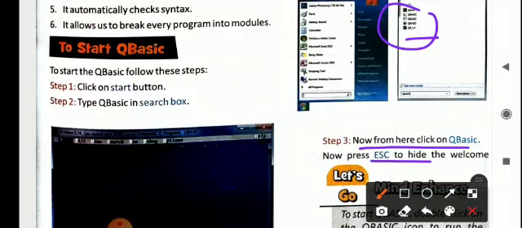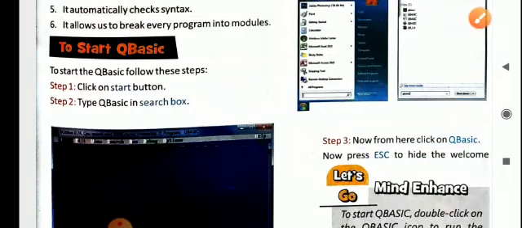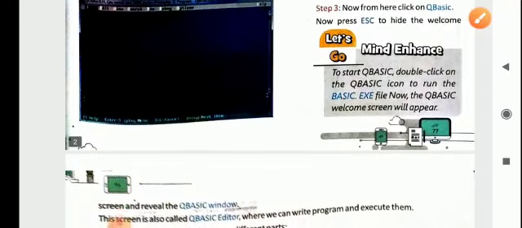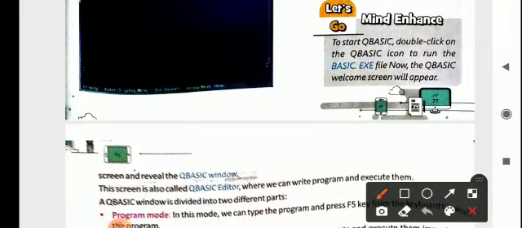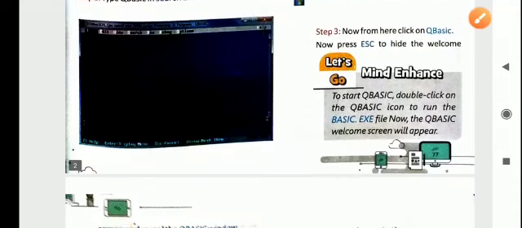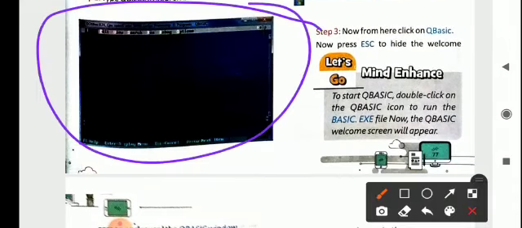Now press escape to hide the welcome screen, and reveal the QBasic window. Now you can see here this is your black screen, this is your QBasic window. Okay, and another method to start is to double click on the QBasic icon and run the qbasic.exe file.